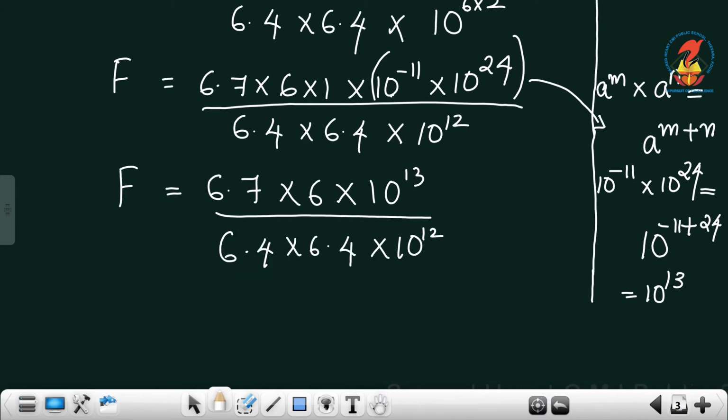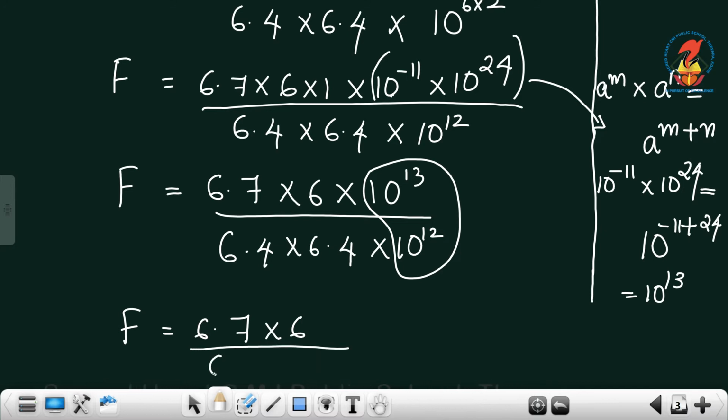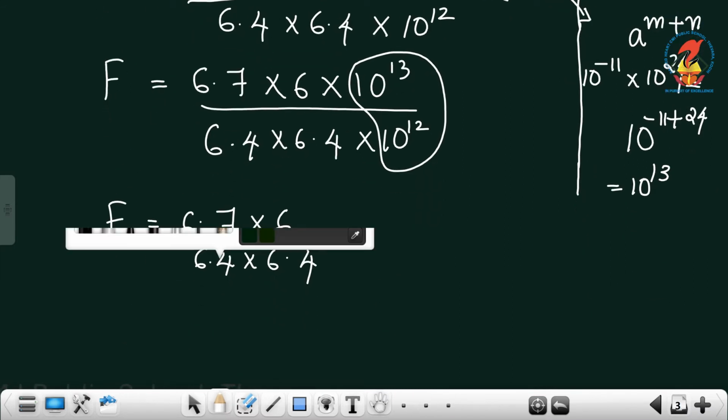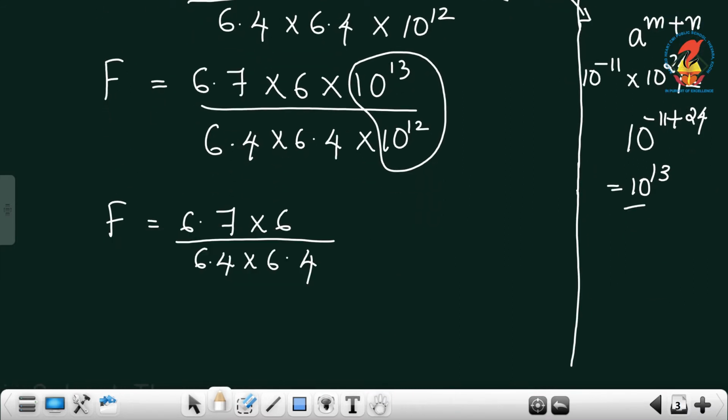That is, again solve this exponent part. F is equal to 6.7 into 6 by 6.4 into 6.4. See, it is the form of a raised to m by a raised to n. Instead of a we have 10, instead of m we have 13 and instead of n we have 12.